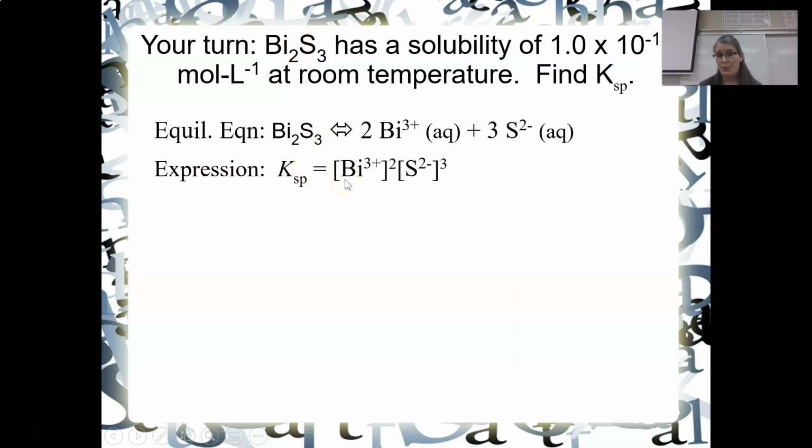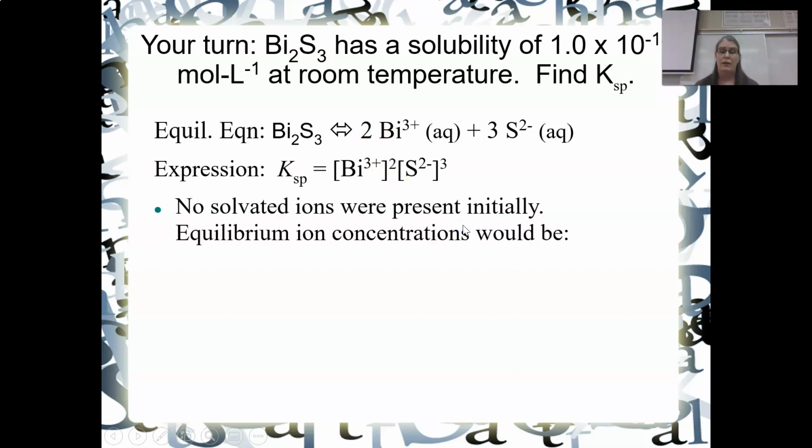Then I can write the K expression. That will help me remember that I need to square this and cube the sulfide concentration, which is something that I see from writing the equation out. See what I mean? Write the equation. No ions are present initially, so the equilibrium ion concentrations are going to be the solubility times 2, because each one of these dissolving gets me 2 bismuth ions.